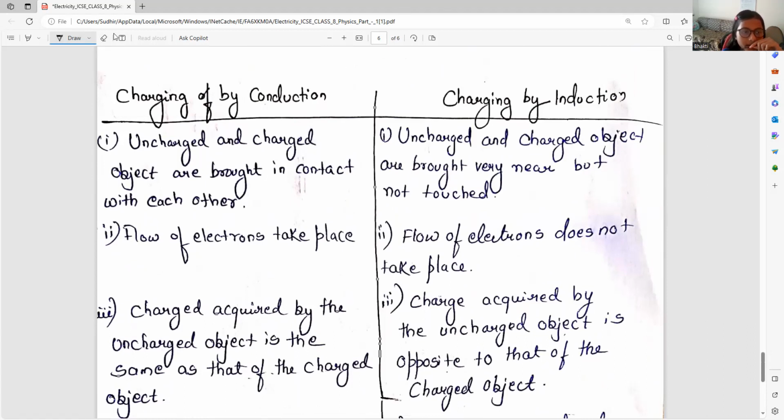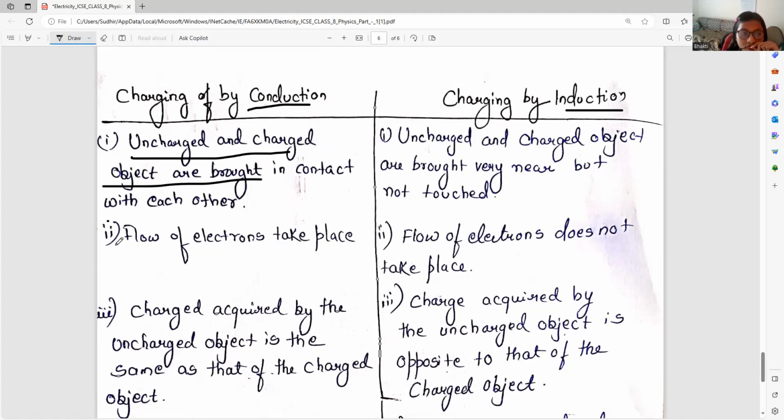Charging by conduction. Difference between conduction and induction. Conduction means uncharged and charged objects are brought in contact with each other.